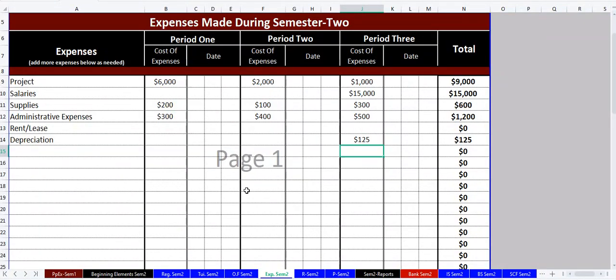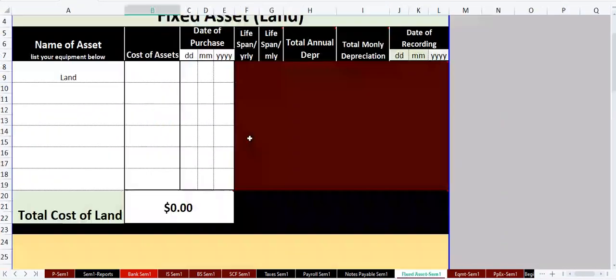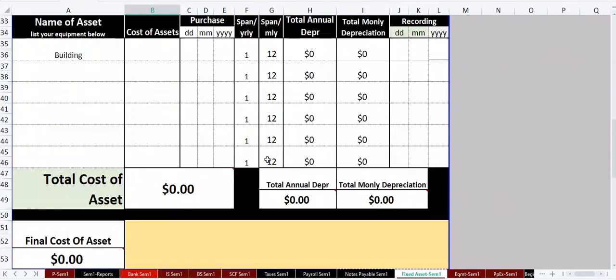All right, what about our furniture and fixture? Let's go back there. Furniture and fixture, that is from fixed assets.